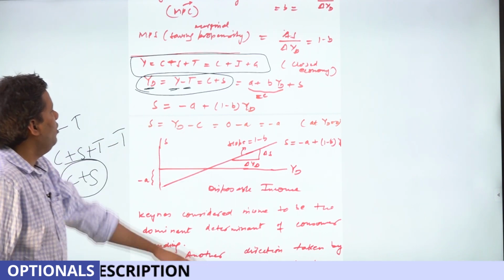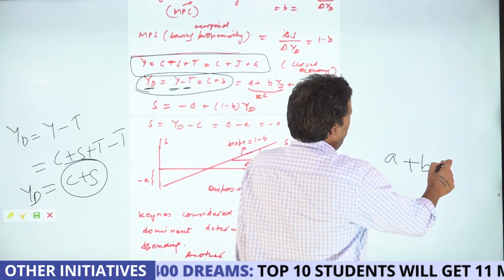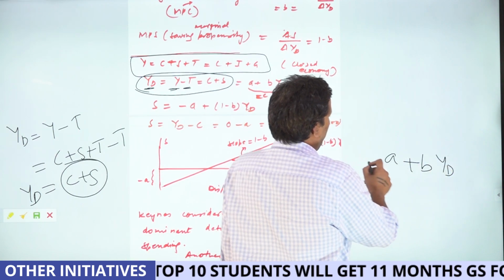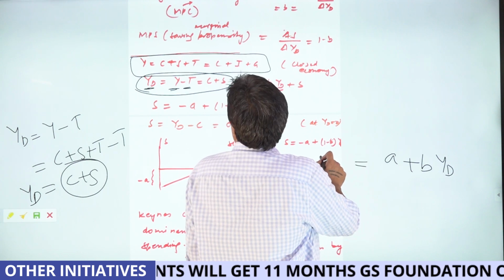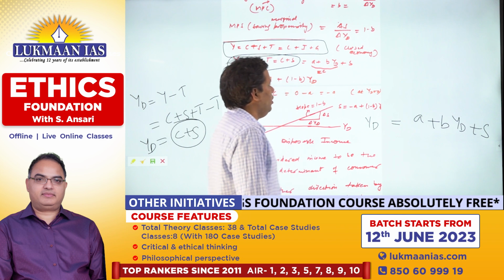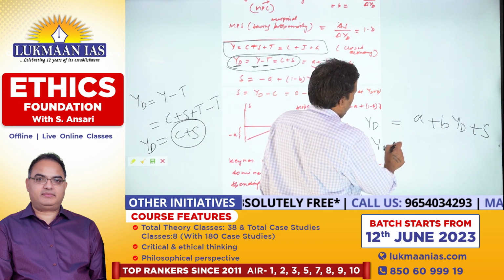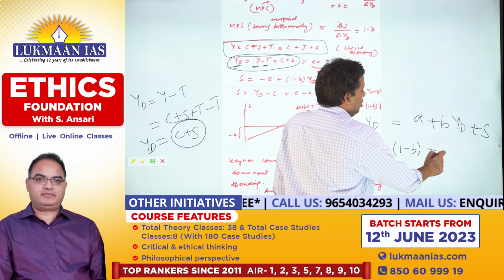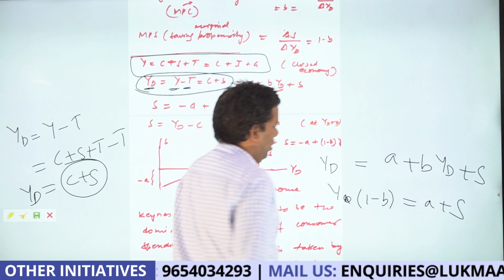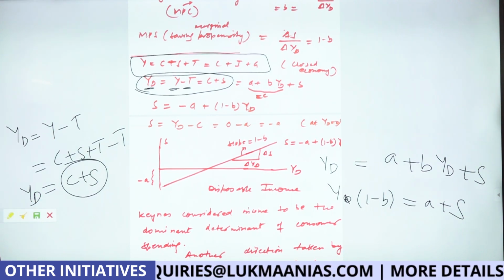And now you can write the consumption function. What is the consumption function? As just now we saw, YD is equal to C plus S. Okay, so then what you will get? YD (1 minus B) is equal to A plus S. Okay, so this is one thing.